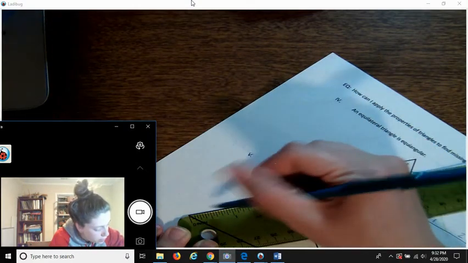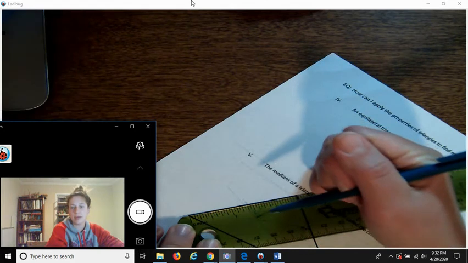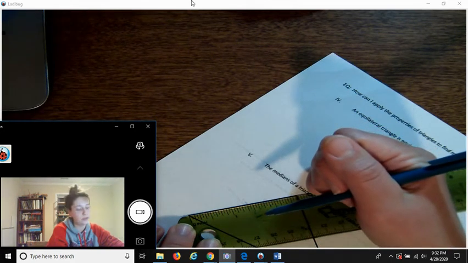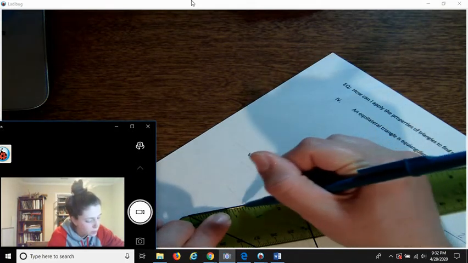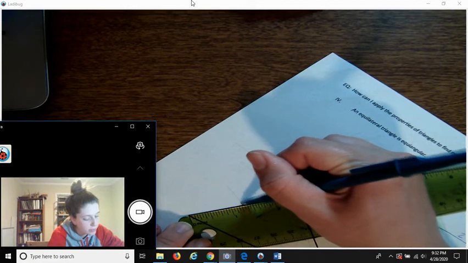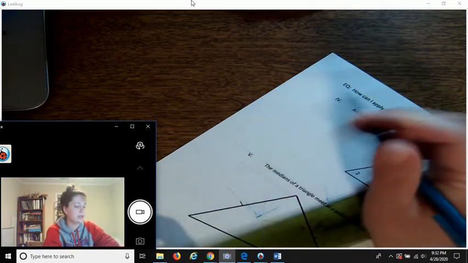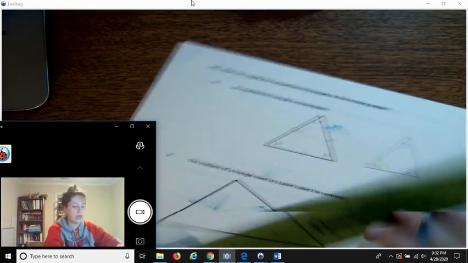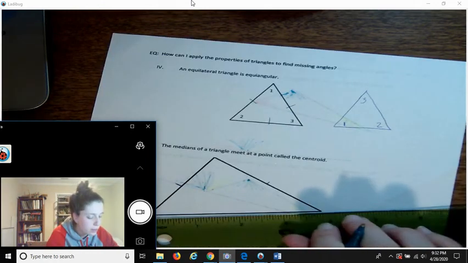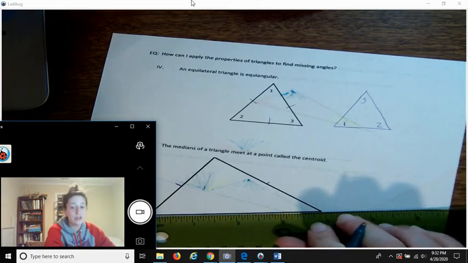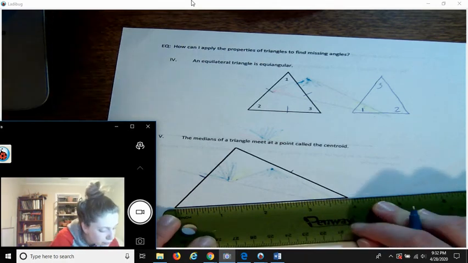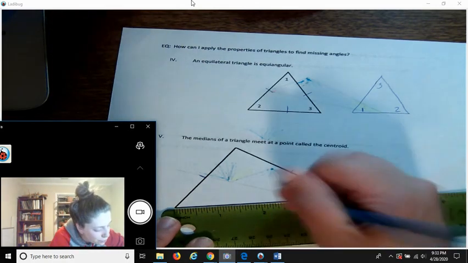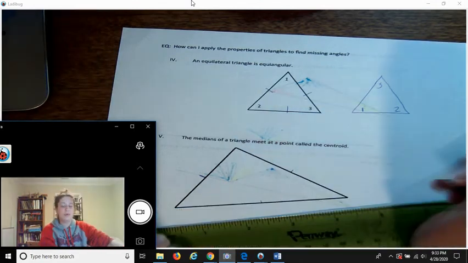Half of 2.5: half of 2 is 1, and half of a half is 0.25, so 1.25. I'm very sorry. So I go 1.25 there. You can make any triangle you want, and this will work. We'll call this side 4 inches, and then 2 would be there.